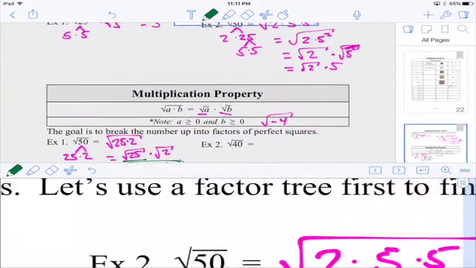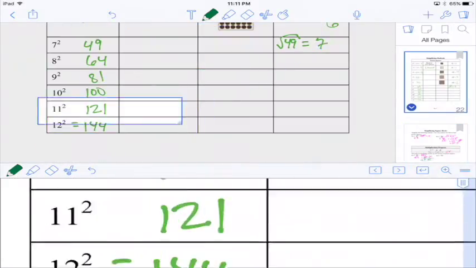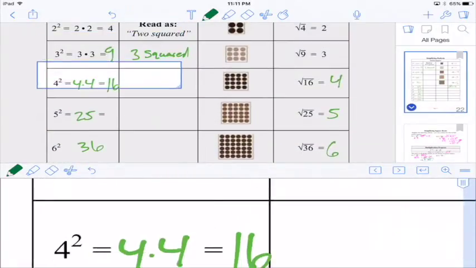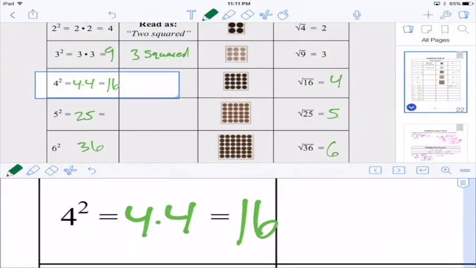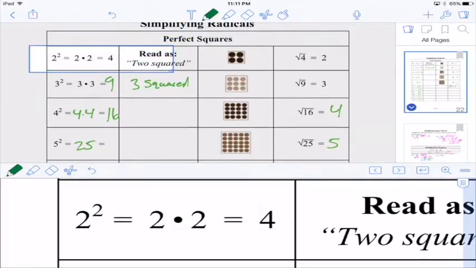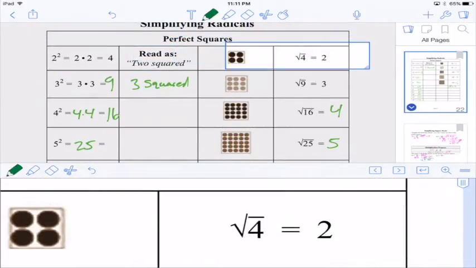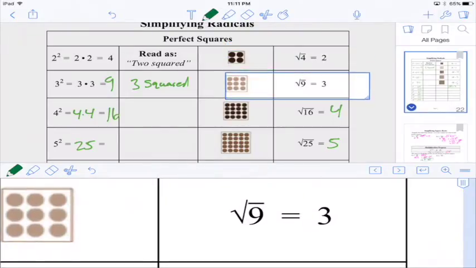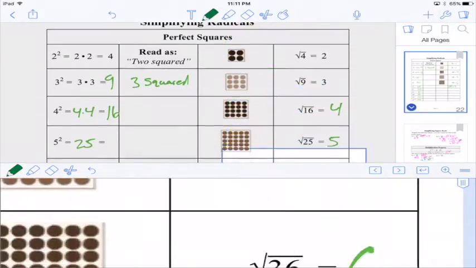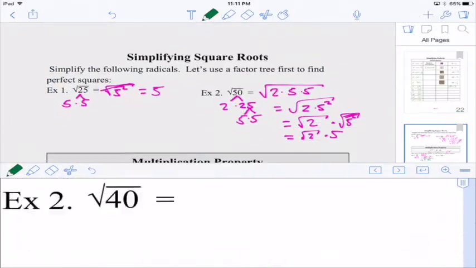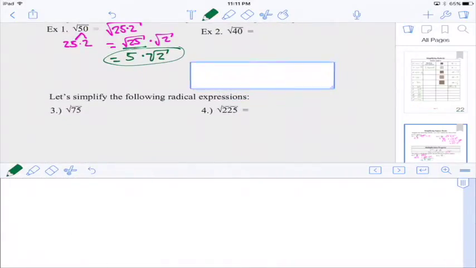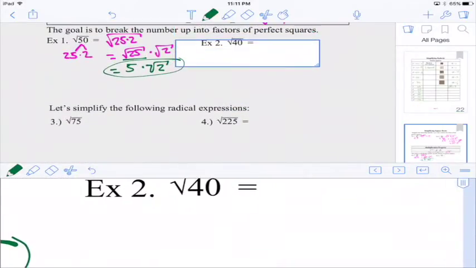Then we're going to use 40. Well, if we look back at our last page, we look at our perfect squares, we'll see that we can divide by 4, and that's a perfect square, because we would say square root of 4 is 2. Maybe there's something bigger. Could we divide that by 9? Could we divide it by 16? Could we divide it by 25? Maybe you don't know, but let's do 4. We're going to say 4 times 10.